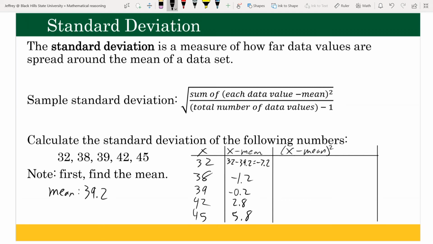To find x minus the mean squared, we take each of those numbers, so negative 7.2 for example, and we square that. Notice that I have to put the negative inside the parentheses, especially if I'm doing this on the calculator. When I do this, the negatives should always go away, and in this case I have 51.84. And I continue on, so negative 1.2 squared will be a positive 1.44.